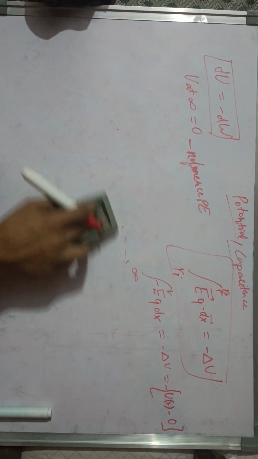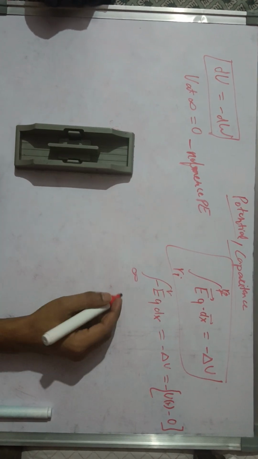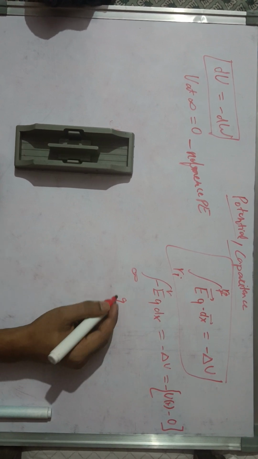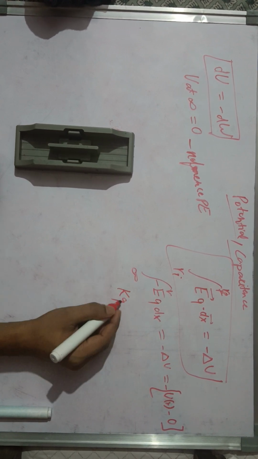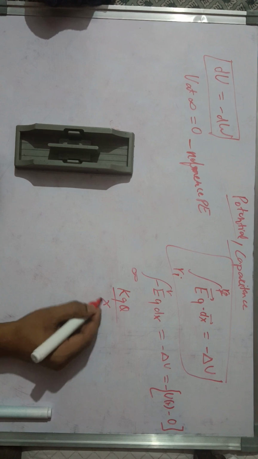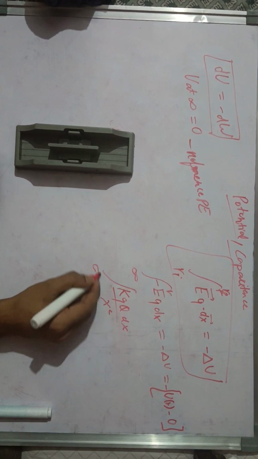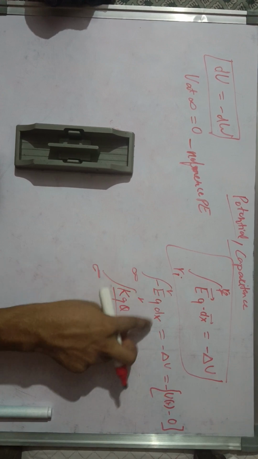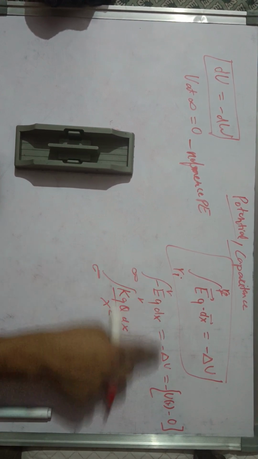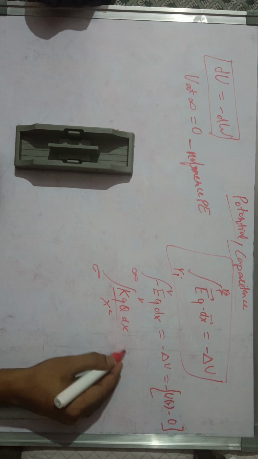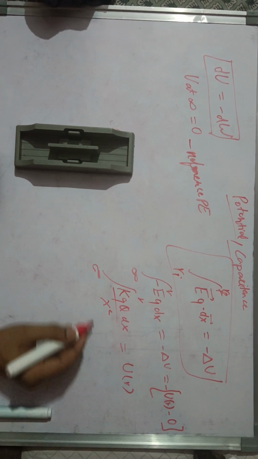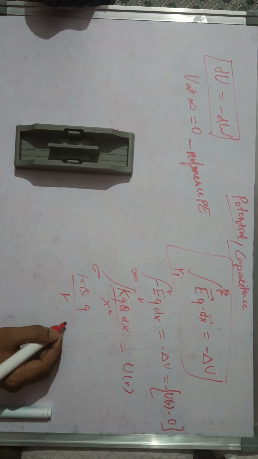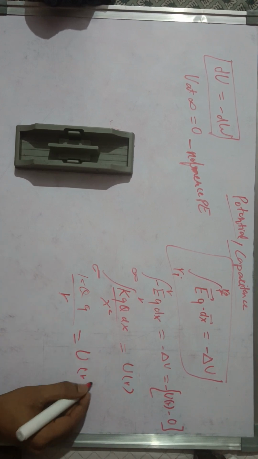So this equation gives the integral of Eq, where the electric field is simply kq upon x squared, integrated from infinity to r. Sorry, there is a dot product here, so there are two signs, minus minus will get cancelled, and we get U(r) equal to this, which becomes kqq over r.